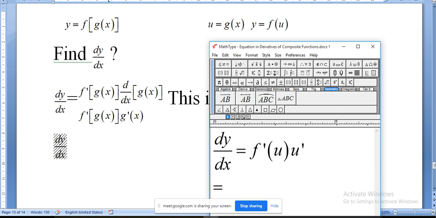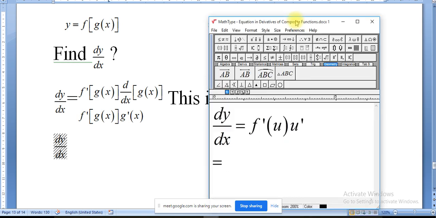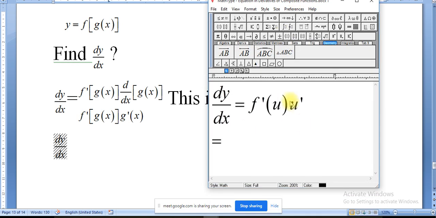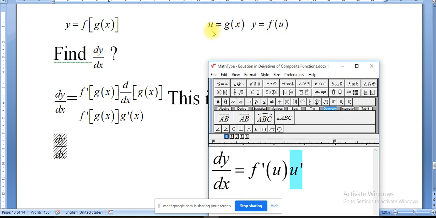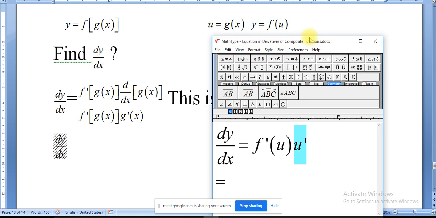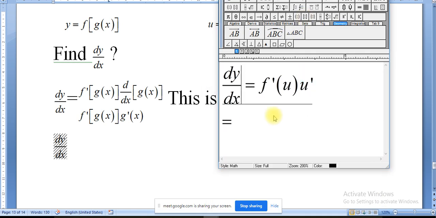So together it will become, first of all we will replace u dash. You can see here, u is g of x, so u dash is nothing but du by dx.